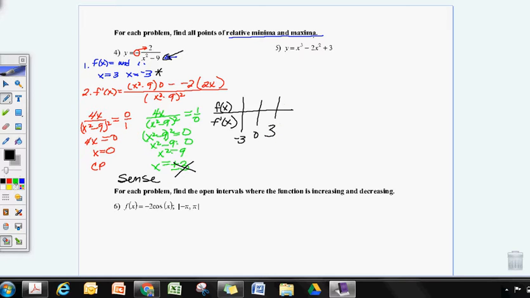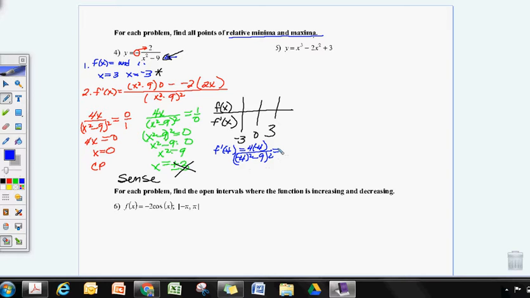So that means I have to test something to the right of -3. So in my derivative, I'm going to put in -4. And when I put in -4, I get 4 times -4 over -4 squared minus 9, and then that whole quantity squared.